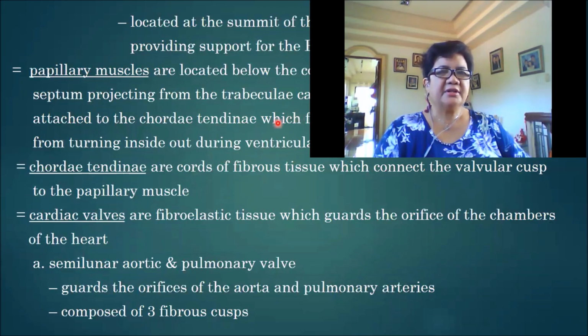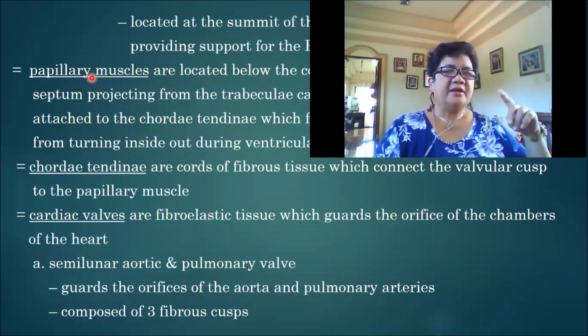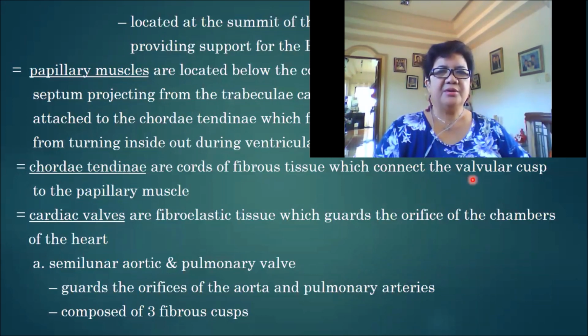So when the ventricle contracts, the papillary muscle will also contract to prevent the valve from turning inside out, because the contraction might push the mitral or the tricuspid valve towards the atrium. This will be prevented by your papillary muscle. Then you have the chordae tendineae, which are cords of fibrous tissue which connect the valvular cusp to the papillary muscle.